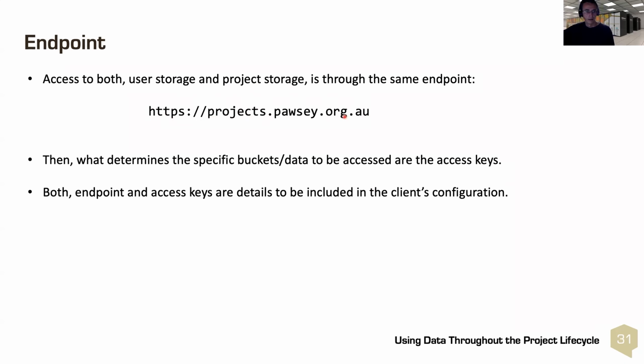This is for both your project storage and the individual user storage. This is the DNS name, if we can say, for accessing Acacia. Again, in terms of an object storage, this is called the endpoint.